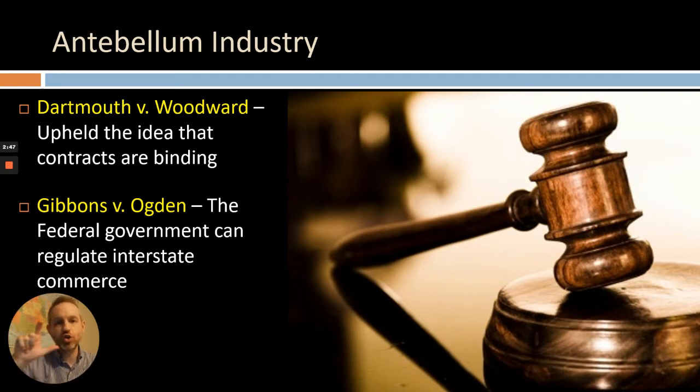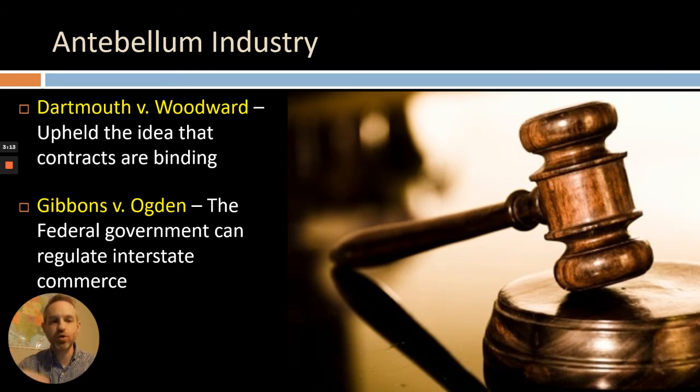And I'm going to charge you, I don't know how much thread costs, 50 cents per spool of thread. Okay? And then somebody else comes along and says, actually, I'll pay you $1 for each spool of thread. Well, I really want to change my mind and trade with that guy, not with the person who's only going to give me 50 cents. But if we have signed a contract, I have to go with this guy because that's the agreement that we made. And that just allows businesses to plan.